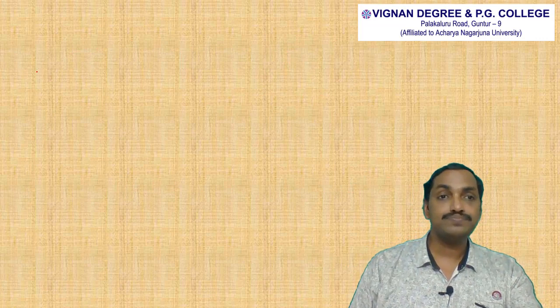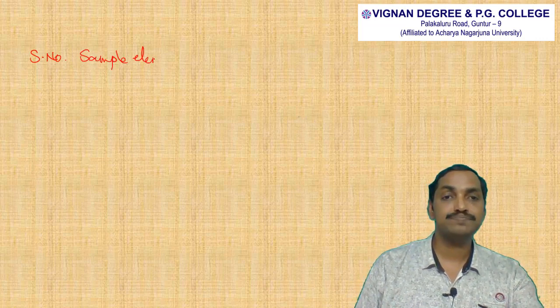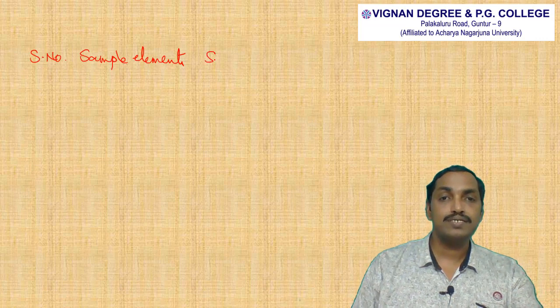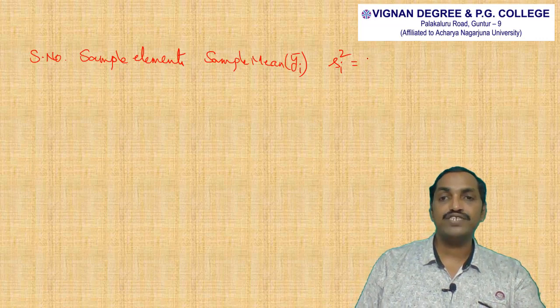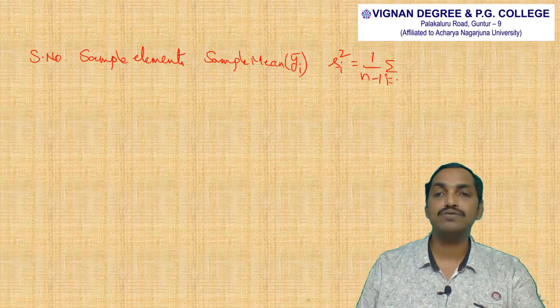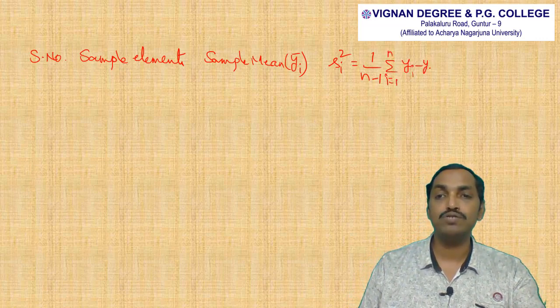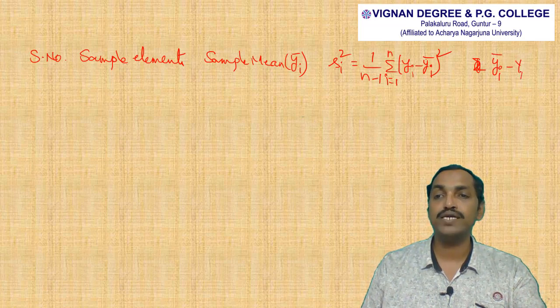So, here sample number, sample elements, sample mean, which is denoted by yi bar, and sample mean square, that is si square, which is nothing but 1 by n minus 1 into summation i is equal to 1 to n yi minus yi bar whole square, and the last column is yi bar minus capital Yn bar whole square.